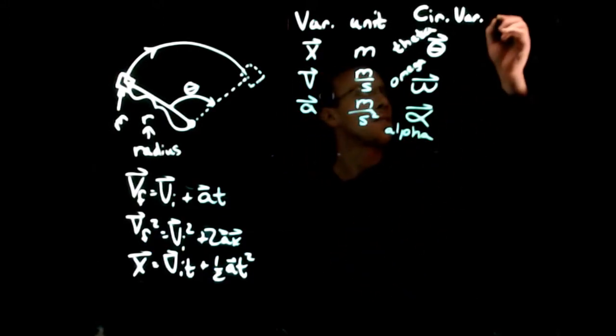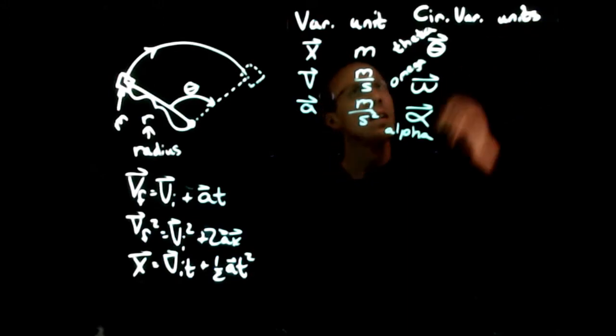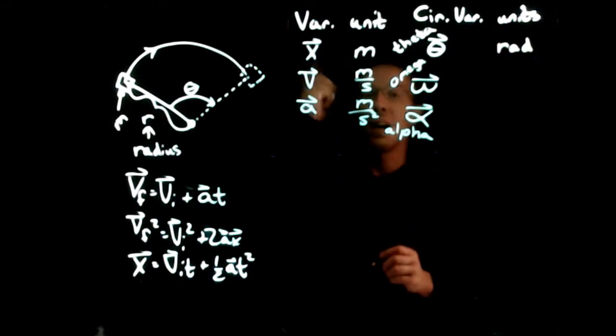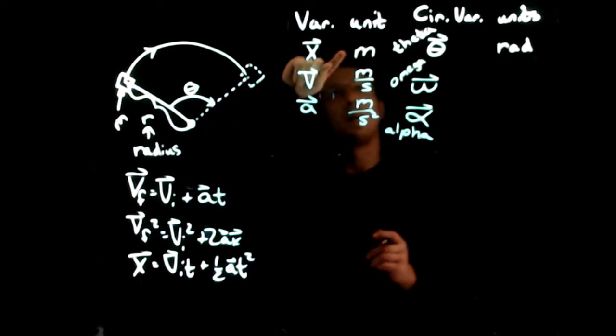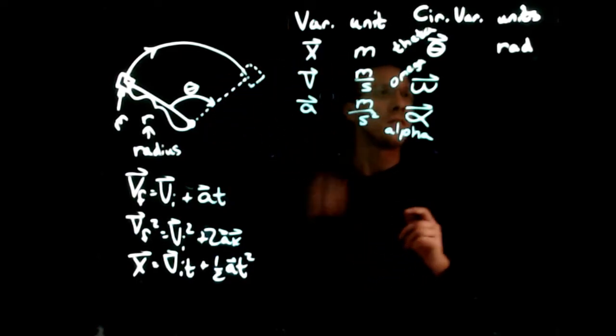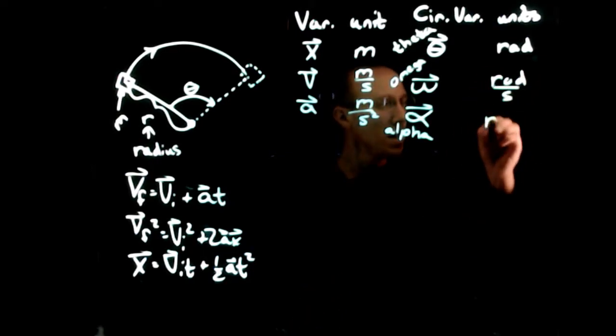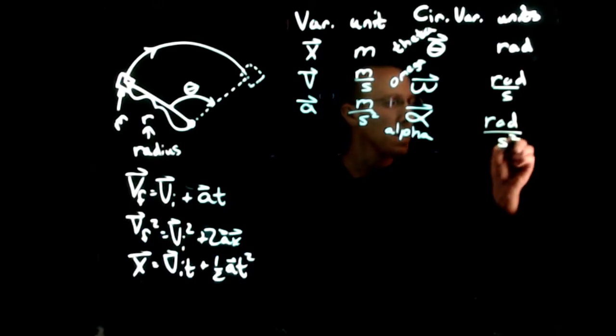And so the units, instead of meters, radians. This is pretty easy after that, because anywhere we see m, we're just going to substitute in radians. So radians per second, and radians per second squared.